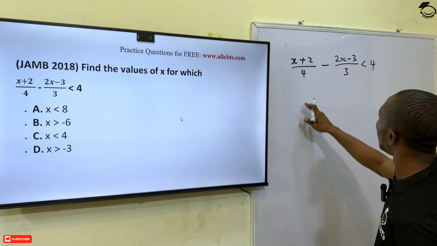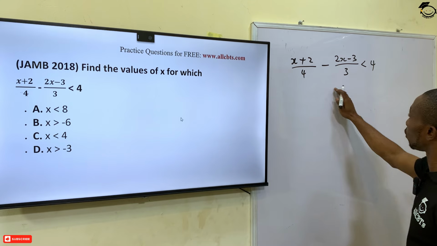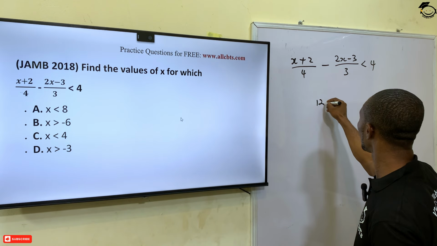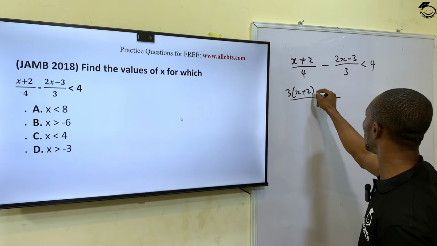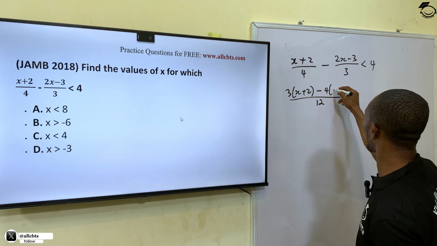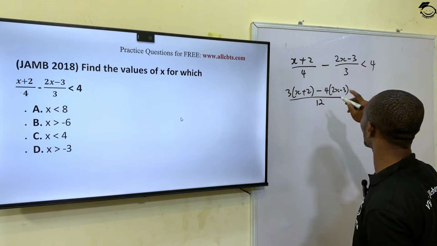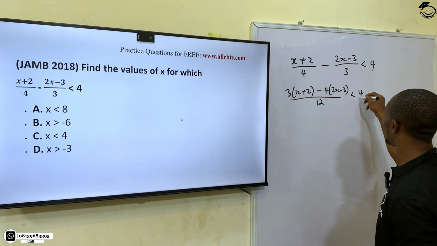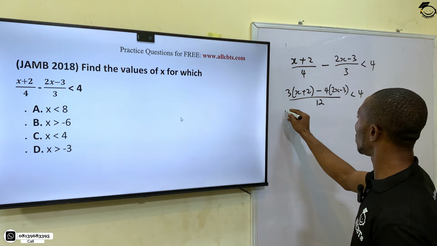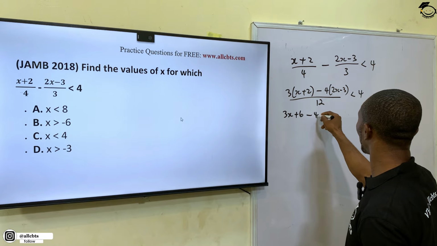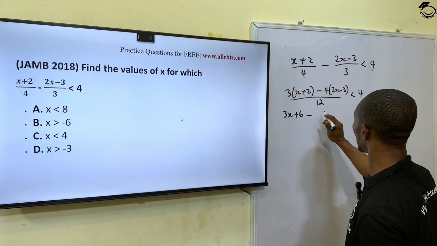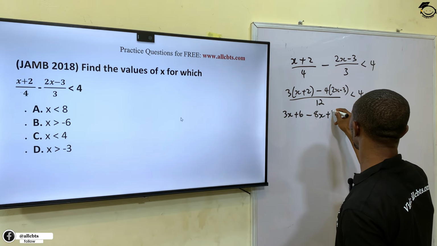Now here we'll find our LCM, which is 12. So this becomes 3 brackets x plus 2 minus 4 brackets 2x minus 3 less than 4. So cross multiplying, we have 3x plus 6 minus 8x plus 12.